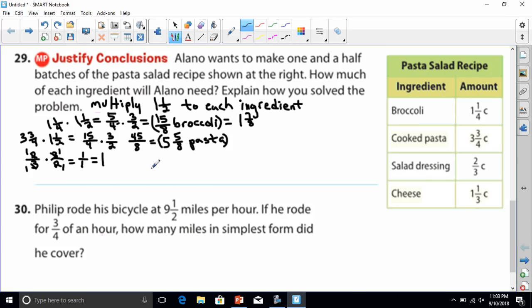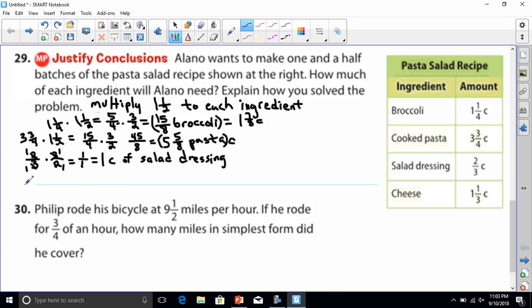So we have 1 cup of salad dressing. And we've only got 1 thing left. And all these should be shown that they are cups as well, okay? I don't want to not put my units on there.